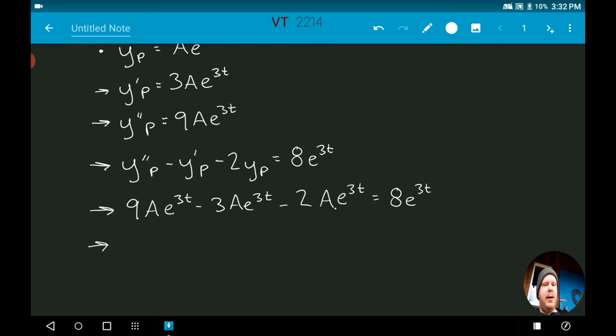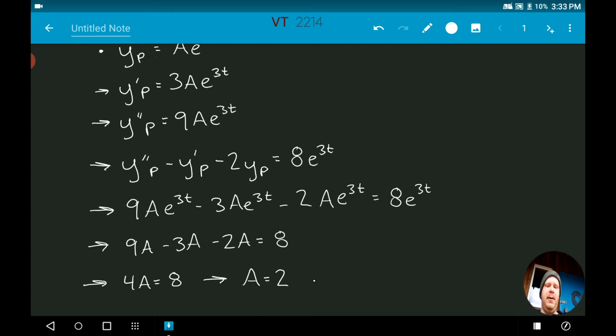I can see already that dividing by e to the 3t is something I can do with all these terms. And so that'll give me 9a minus 3a minus 2a is equal to 8. That means I can solve for a. So 9 minus 5, so 4a is going to be equal to 8. So a is equal to 2.